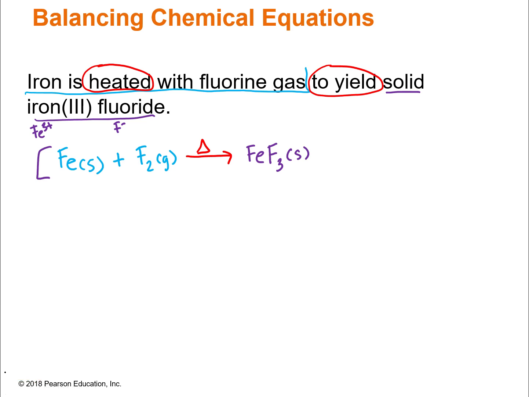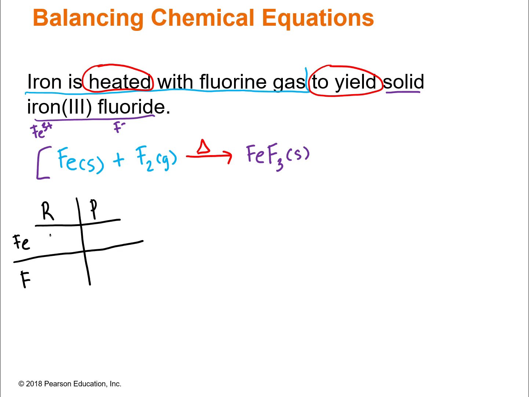Now we need to balance this. I make a chart to look at the number of atoms of each element on both sides, for the reactants and the products.